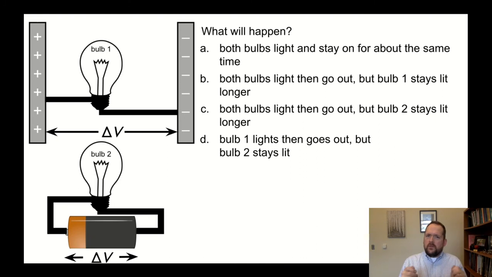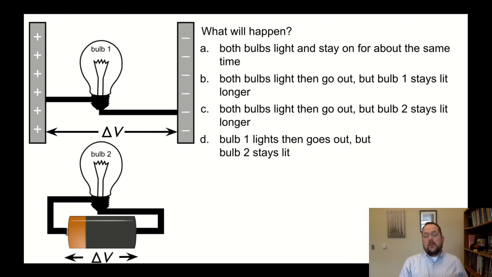But the potential difference from one end of the battery to the other is the same as the potential difference from one capacitor plate to the other. What's going to happen in this situation? Both bulbs are going to light and stay on for about the same amount of time. Both bulbs light then go out, but bulb 1 stays lit longer. Both bulbs light and then go out, but bulb 2 stays lit longer. Or bulb 1 lights and then goes out, but bulb 2 stays lit.